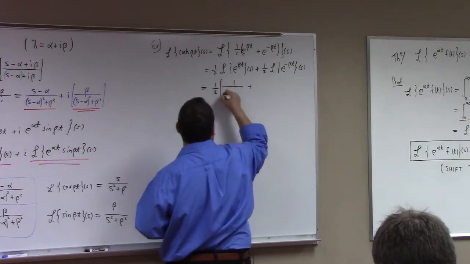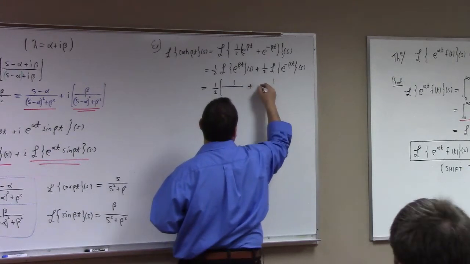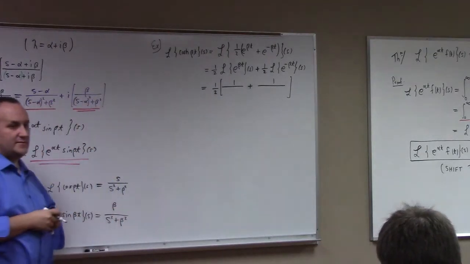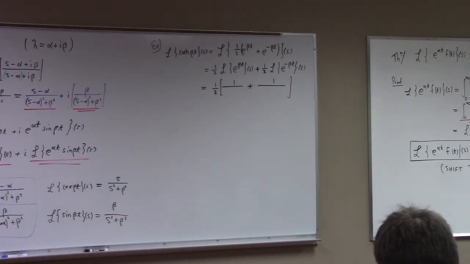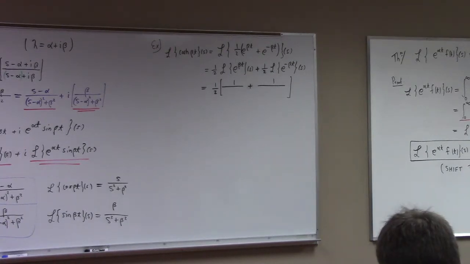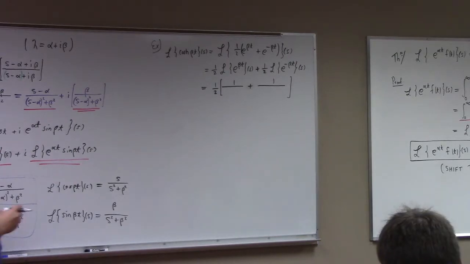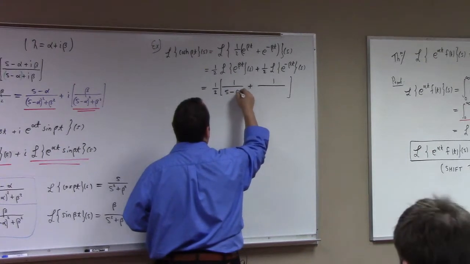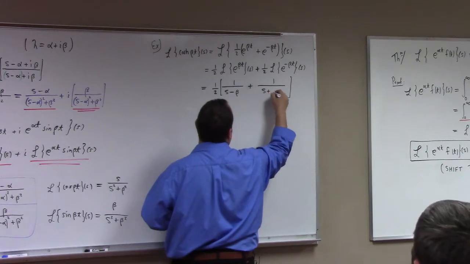Plus 1 over something else. You've got to go back to my exponential example. What's the Laplace transform of e to the 3t, for example? It would be 1 over s minus 3, right? So we do 1 over s minus beta for the first one, and this one Laplace transforms to 1 over s plus beta.